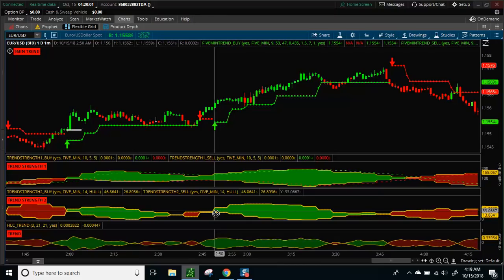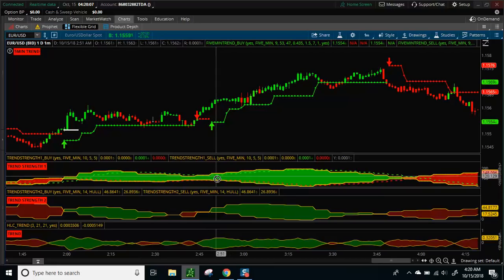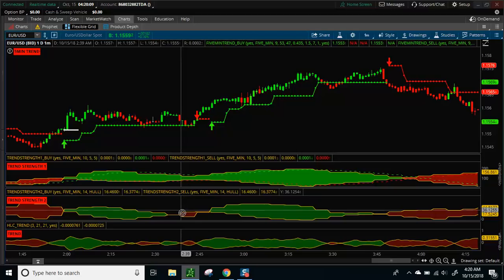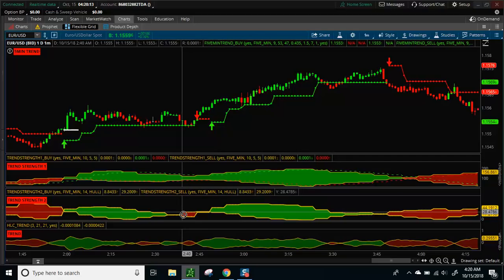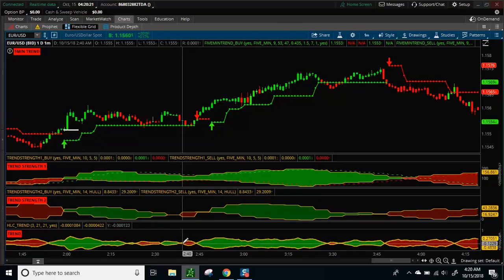When this turned red, this one was still green. This one was red as well. And this one up here was still green. So at this point, this one was green, this one was green, this one was red, and this one was red. So because they didn't all match, you would not get in the trade.